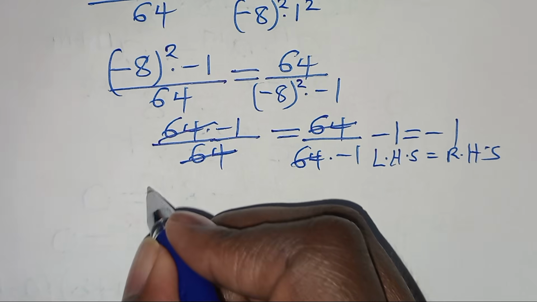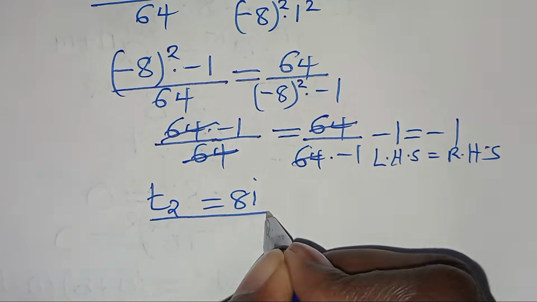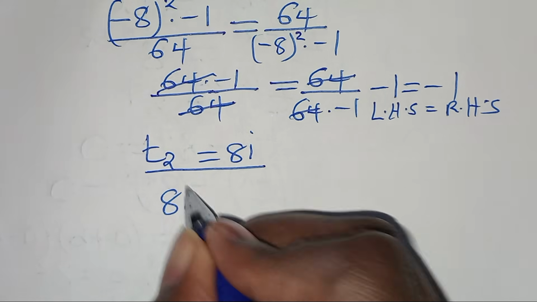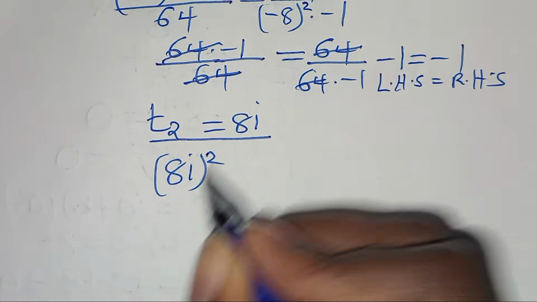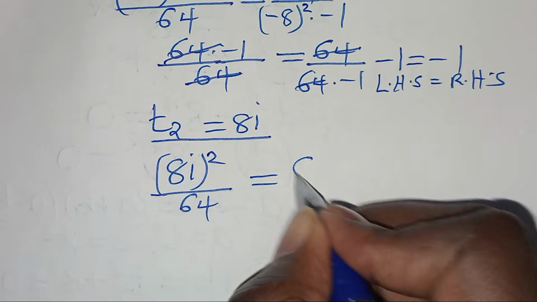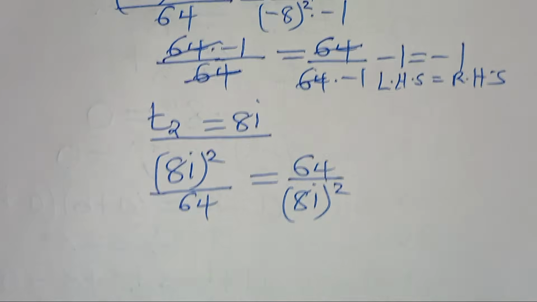Let's proceed to t2 from here. In this case, t2 is equal to 8i. Substituting this, we have 8i squared divided by 64, which is equal to 64 over 8i squared.